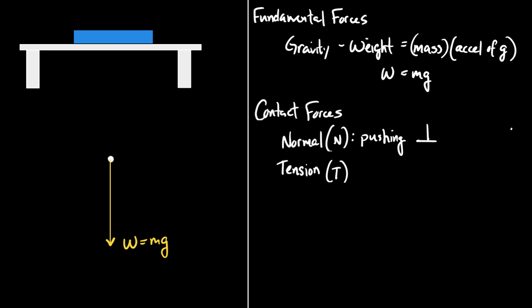So you need to be careful. Every surface in contact with an object provides a force. The moment two things touch, there's a force between them. Now, in dealing with this problem, there's clearly a normal force. The book's in contact with the table. The normal force must be perpendicular to the table. So that's got to be upwards.